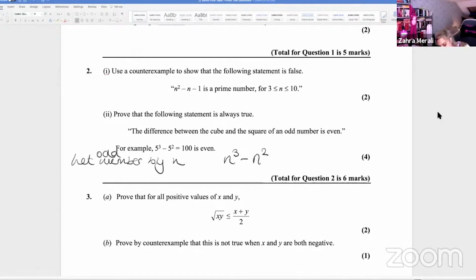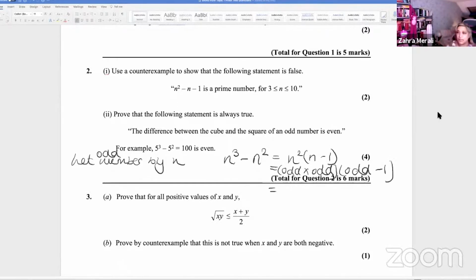Now we can factorize that, and we know this is an odd number. N, we can take n squared outside the bracket, n minus 1.